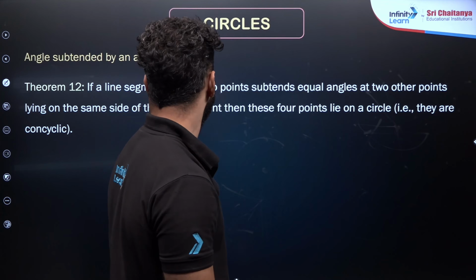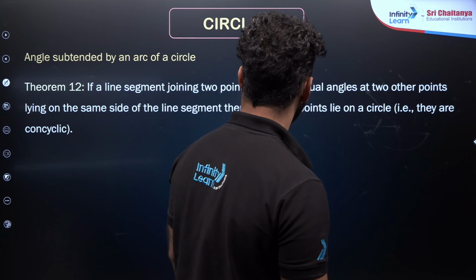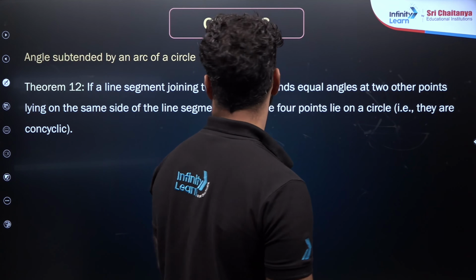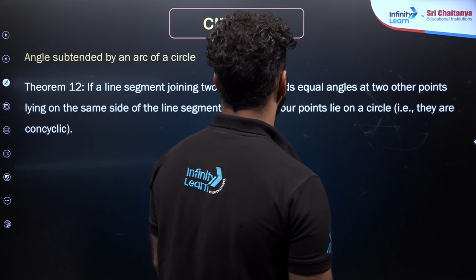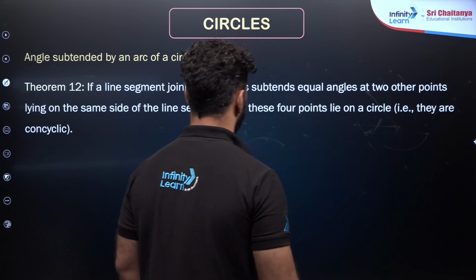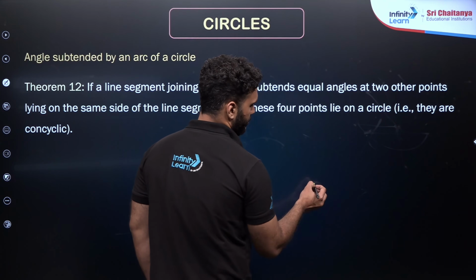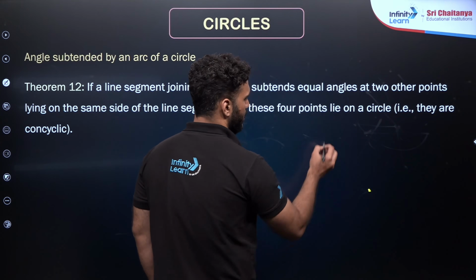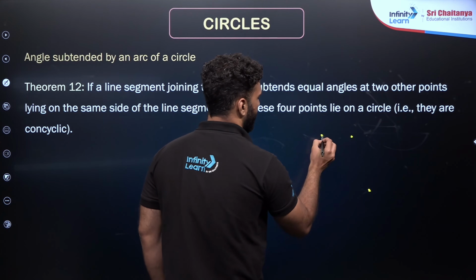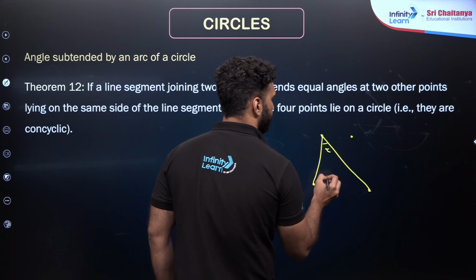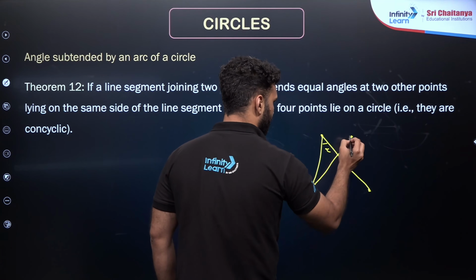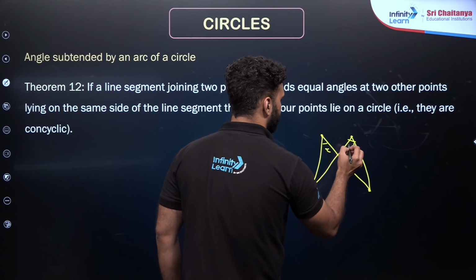Now next, if a line segment joining 2 points subtends equal angles at 2 other points lying on the same side of the line segment, then these 4 points lie on a circle. Like I have this point, I have this point. I connect this point with these two. Let's say this angle is alpha. I connect these 2 points with this point. Let's say this is also alpha.